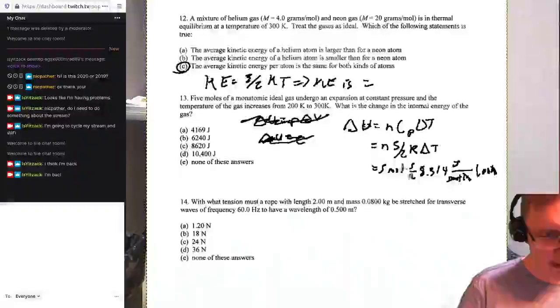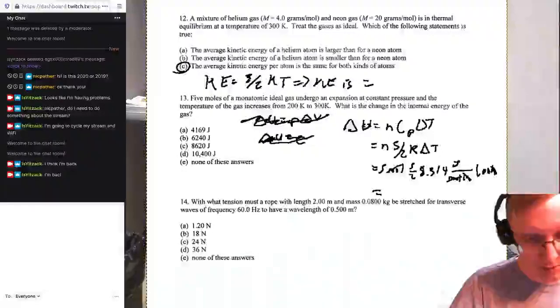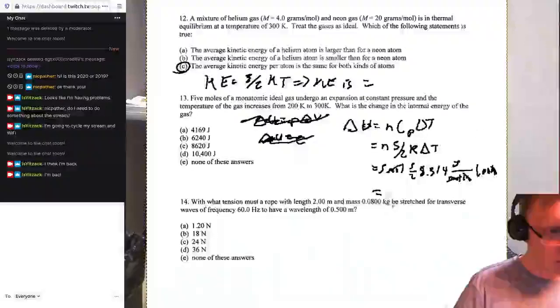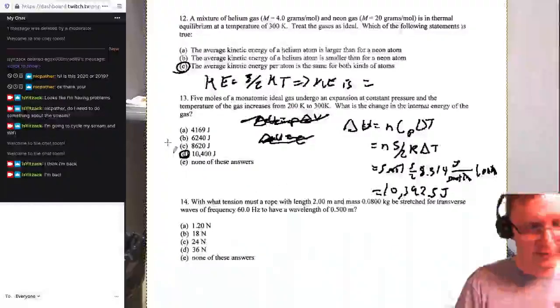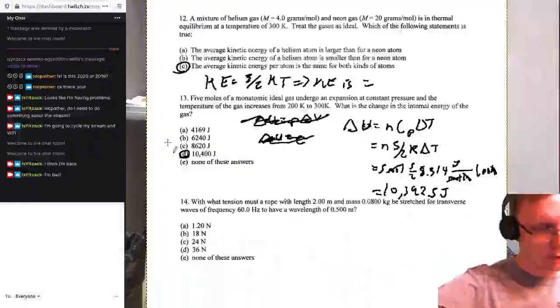Kelvin cancels Kelvin, mole cancels mole, and we're left with joules. 5 times 5 halves times 8.314 times 100. And this is 10,392.5 joules. And to round it to 3 significant figures, 10,400 joules, or 10.4 kilojoules.